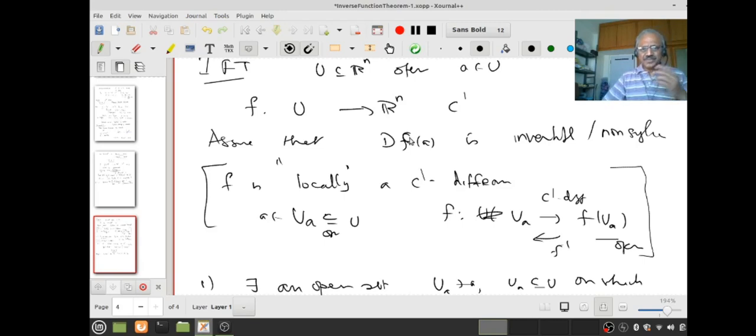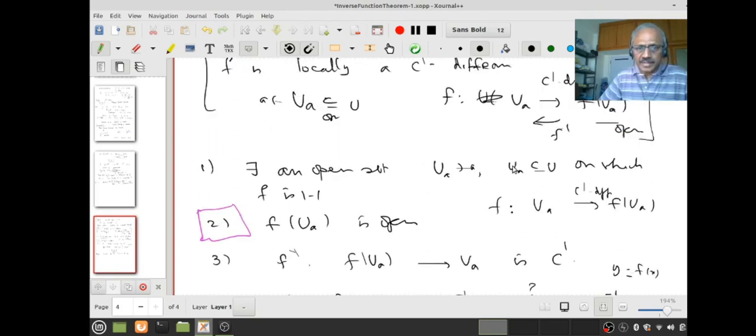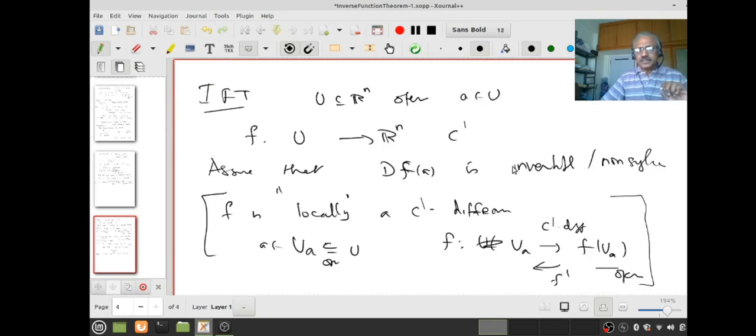Please think, I want you to think along with me. Okay, so the first step for this, let's go back to R again. If f dash a is, let's say, positive, then I choose a delta interval around a, so that a minus delta to a plus delta is completely contained in U, and so that for every x, f dash x is non-zero.